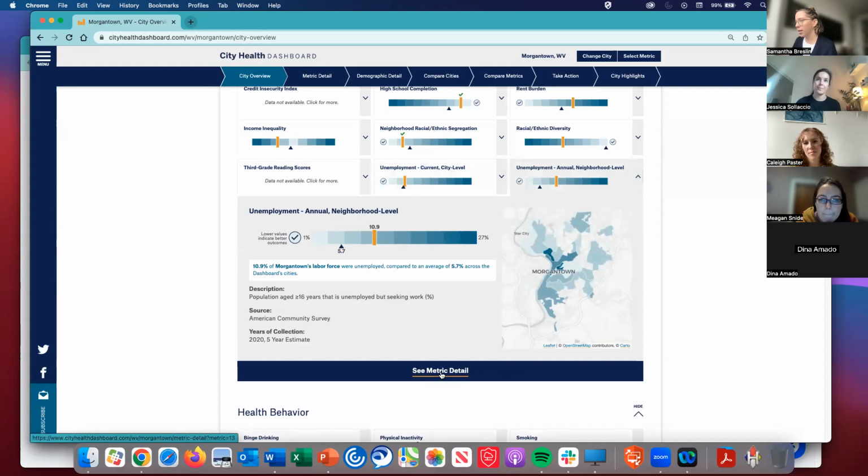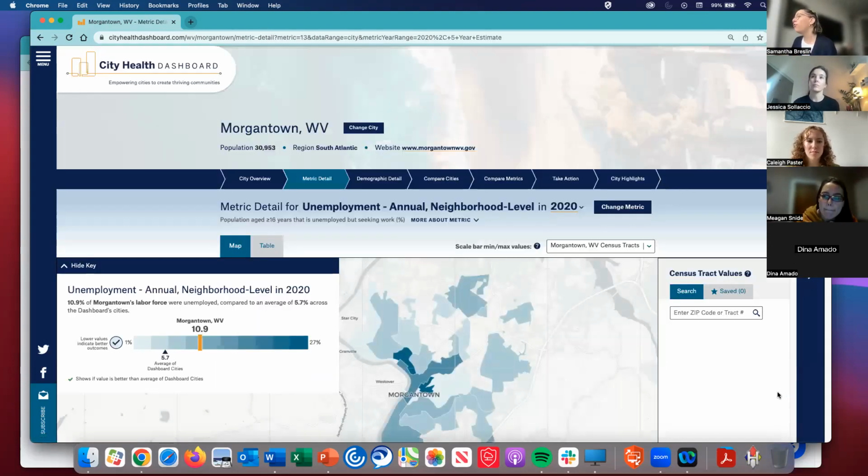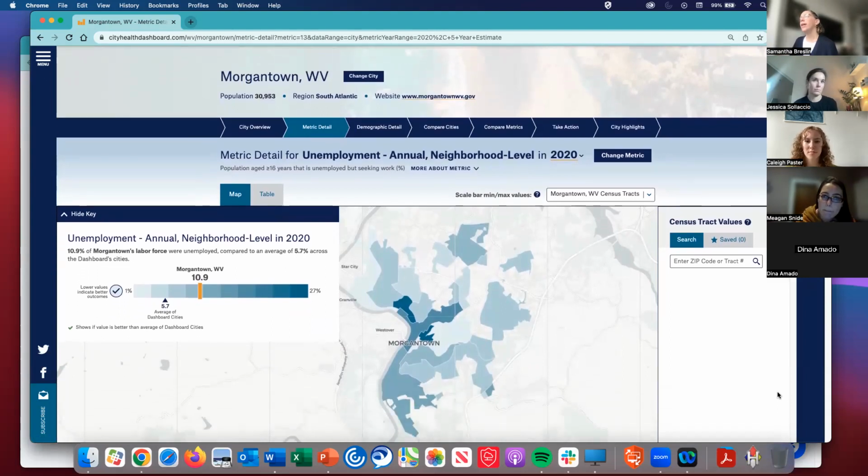And you can click in and it'll take you to what we call the metric detail page. So I will just click here for annual unemployment for Morgantown. And what's great about the dashboard is that once you orient yourself to the symbols and the signs and the visuals that we provide on our site, once you get a sense of how all of that works and what everything means for one metric in one city, how the sauce is made, all of our metric detail pages look the same.